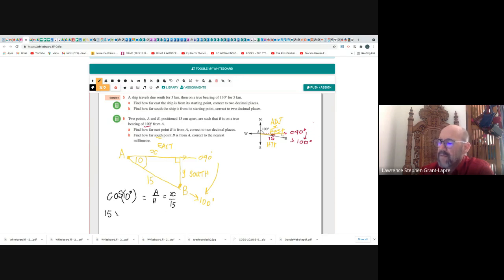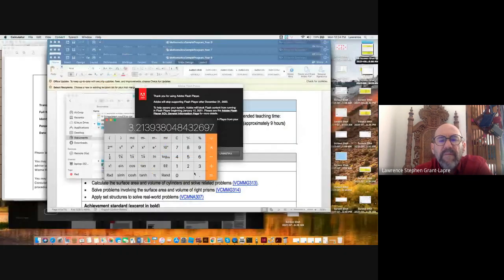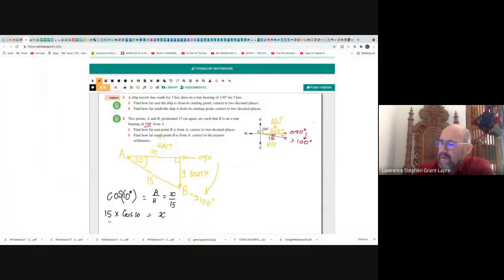So 15 times cos of 10 is equal to x. Let's find out what that is on the calculator. 15 times cos 10, you get 14.77211, dot dot dot, ellipsis, and we want correct to 2 decimal places.